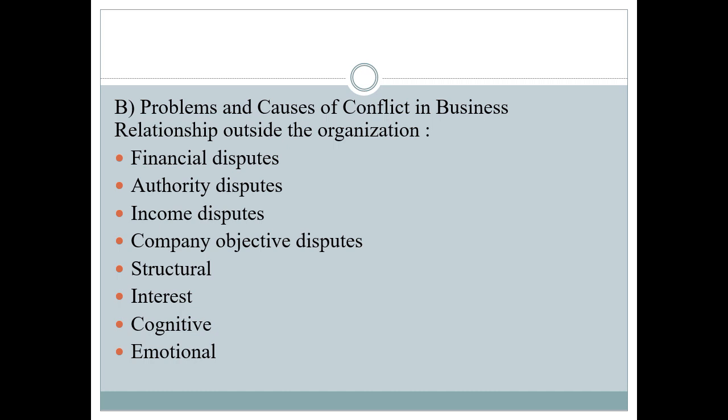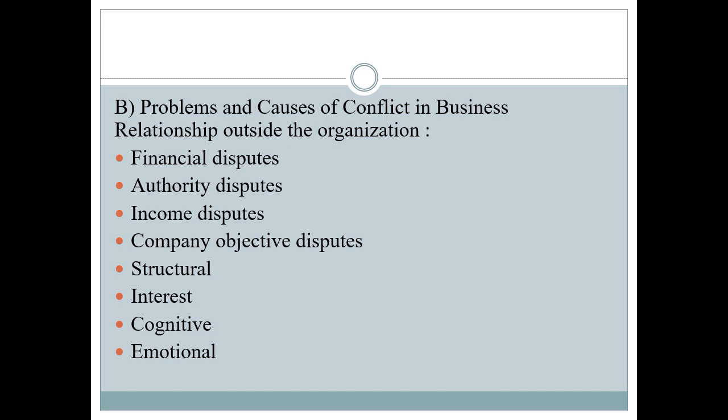But due to some reasons, due to clashes in your personality, there might be disputes related to authority. Though you have contributed less, you still want to have authority in the organization. Then it might also result into disputes or conflicts.